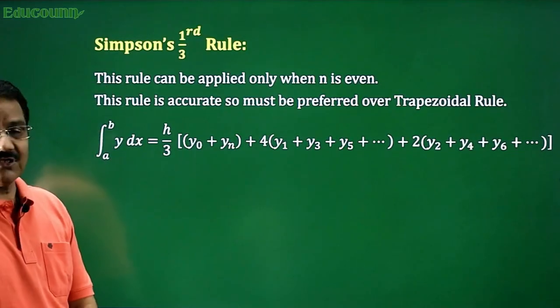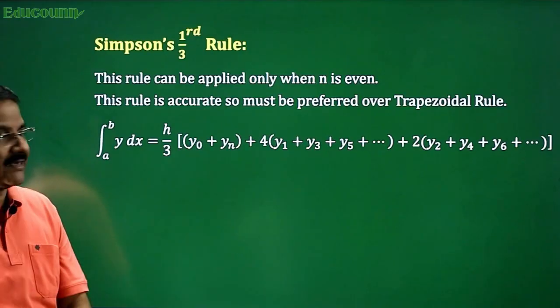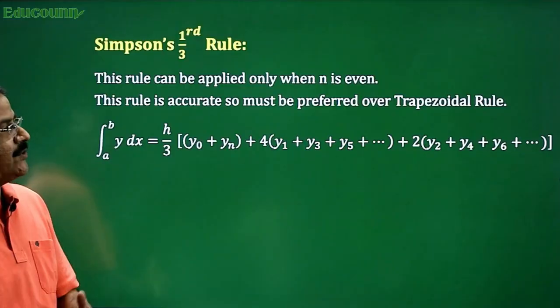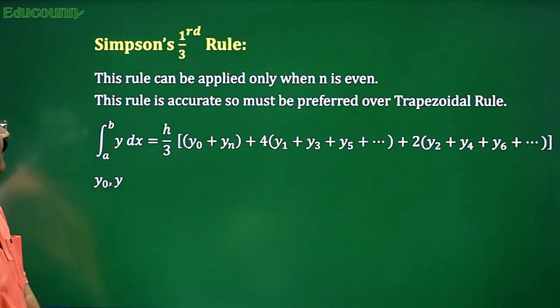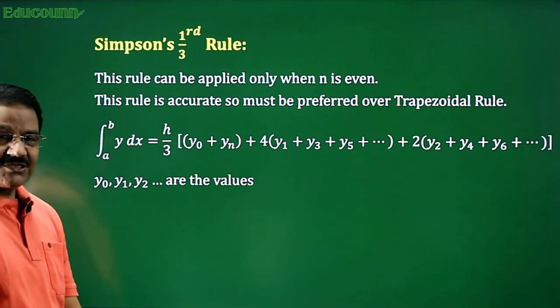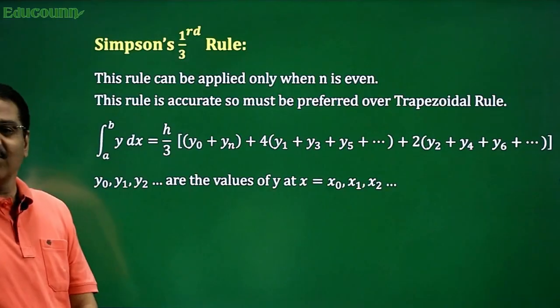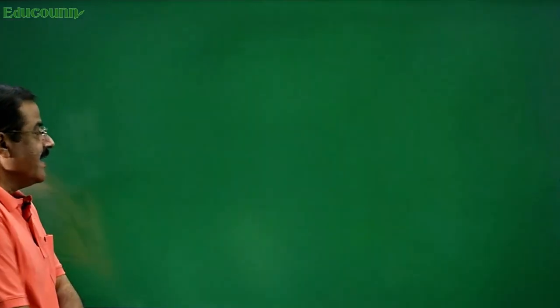First 4 times all odd readings, that is y1, y3, y5, etc. plus 2 times all even readings, that is y2, y4, y6, etc. So this is the formula for Simpson's 1/3 rule. Now y0, y1, y2 are nothing but values of y at x = x0, x1, x2, etc.